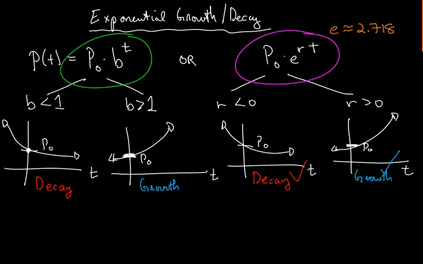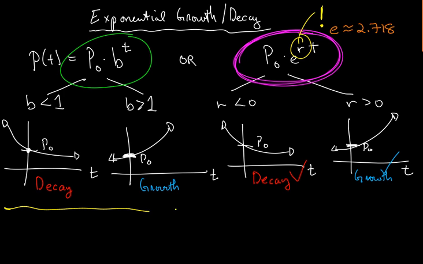That's how you can tell whether you have decay or growth. There's a reason we study this function more than the other one, and it's because of that number r. If you recall from the interest rate problems where the interest was compounded continuously, r represented the nominal interest rate.